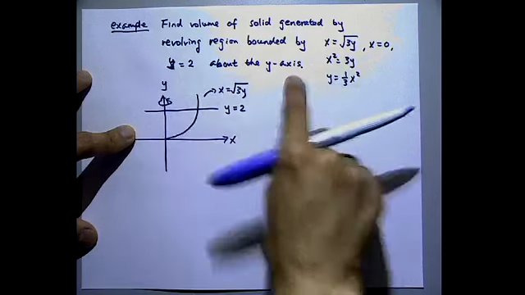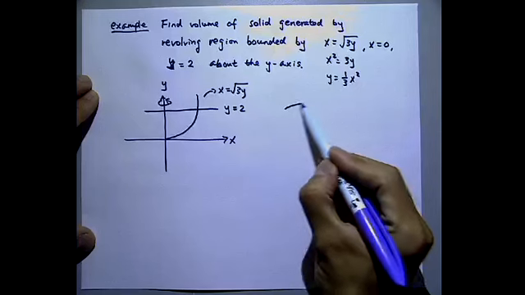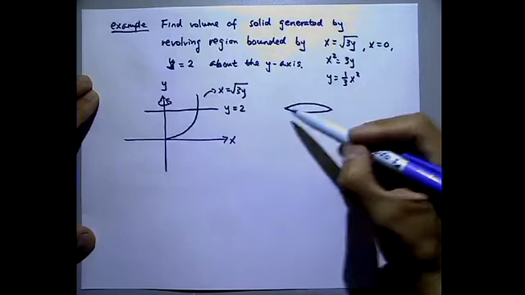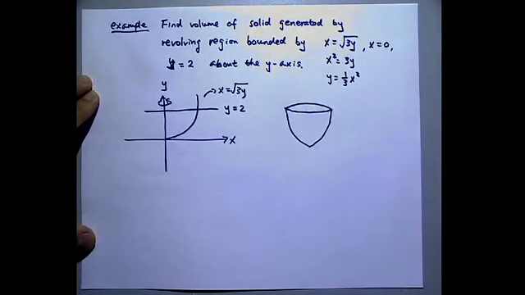And we're taking this to go around the y-axis. Okay, now mentally revolve this around. What shape do you get out of it? Kind of like a top, right? If you revolve this around here, we get something like that.